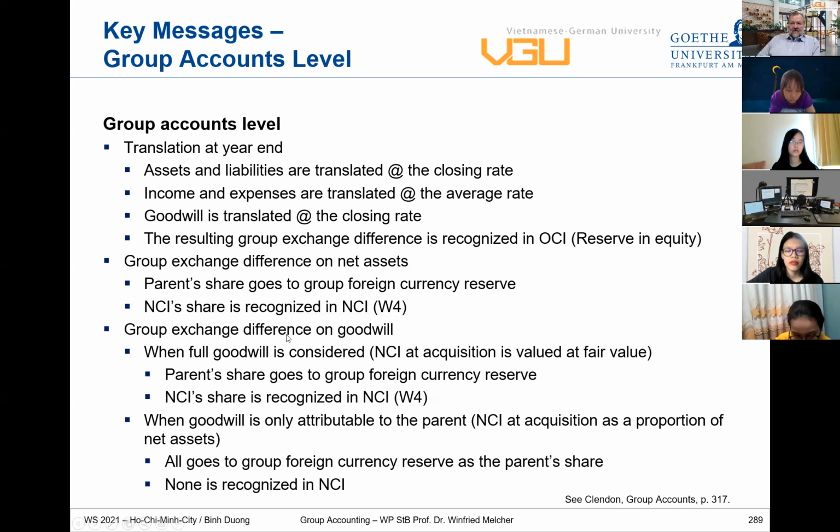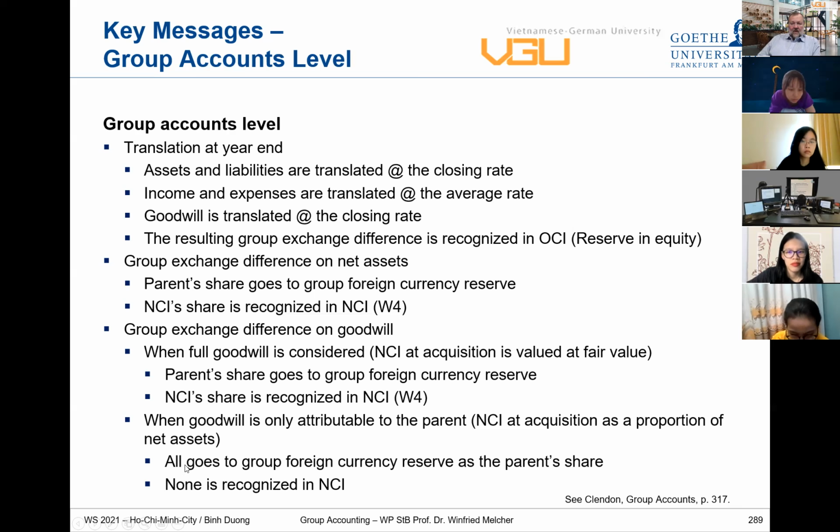The group exchange difference on goodwill, when the full goodwill is considered, will also be split. Parent share goes to group foreign currency reserve, and then NCI's share is recognized in NCI directly. And when there is no full goodwill, that means that the goodwill is only attributable to the parent. Then that means that the NCI at acquisition was valued as a proportion of net assets.